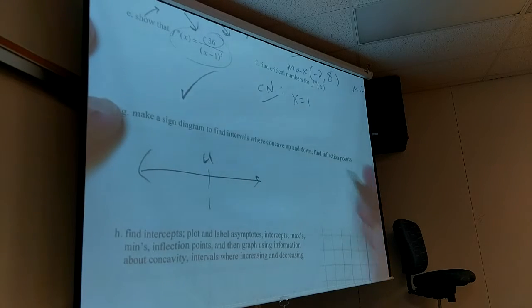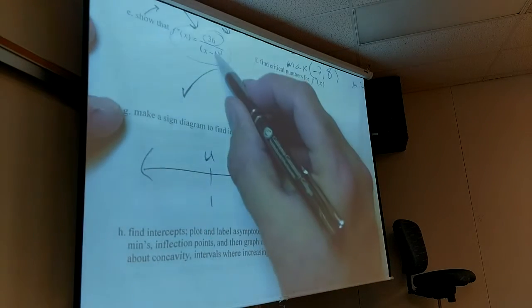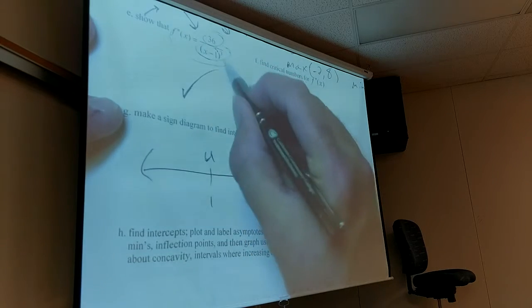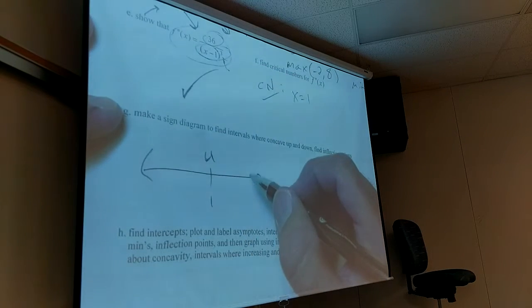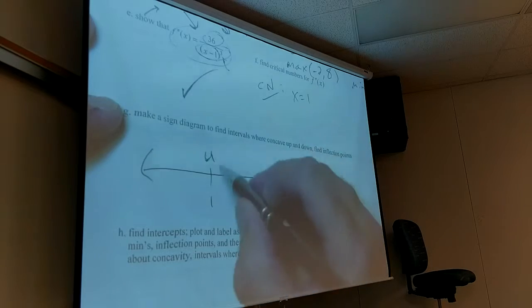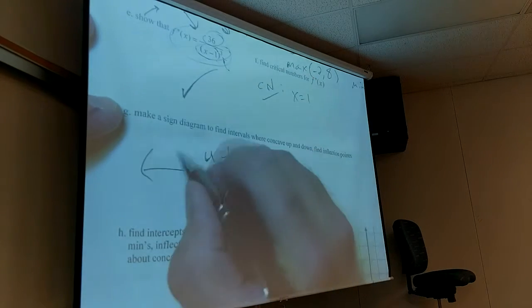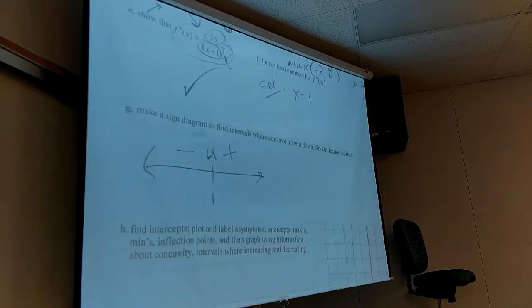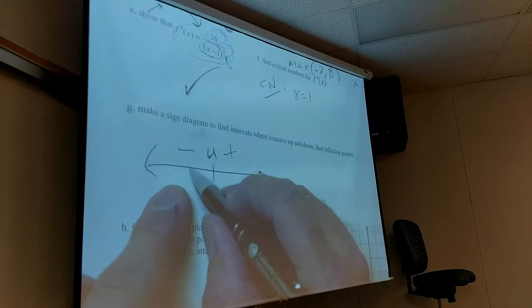Okay. And then if I throw in there, see, the bottom has odd multiplicity, so it's going to change signs. So if I put in a positive thing, it's positive, put in a negative thing, it's negative. So down here it is concave down.